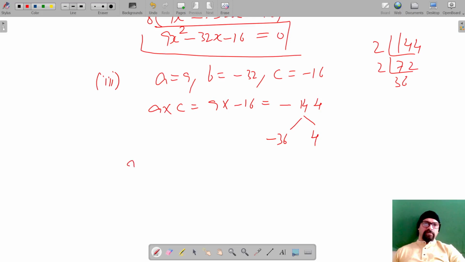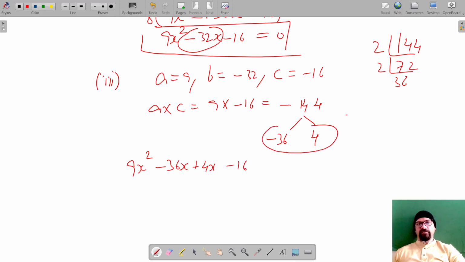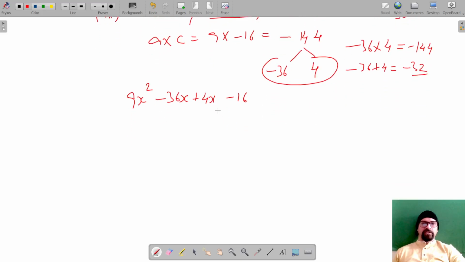So I can split up the middle term: 9x square, and instead of minus 32x, I'm going to write minus 36x plus 4x minus 16. Minus 36 into 4 is minus 144, and minus 36 plus 4 is minus 32, which is the middle term.